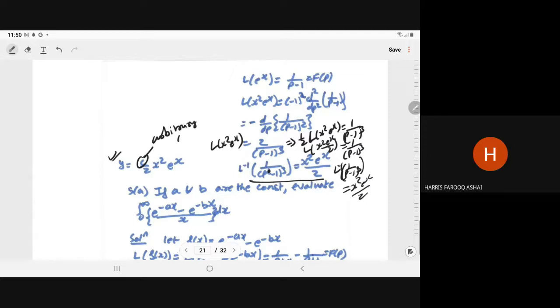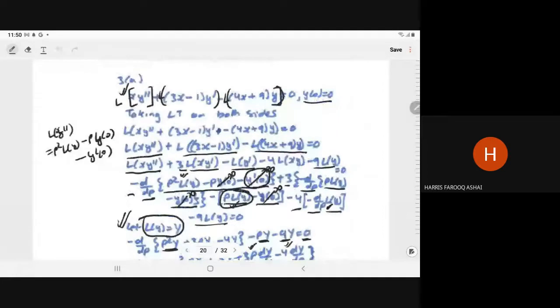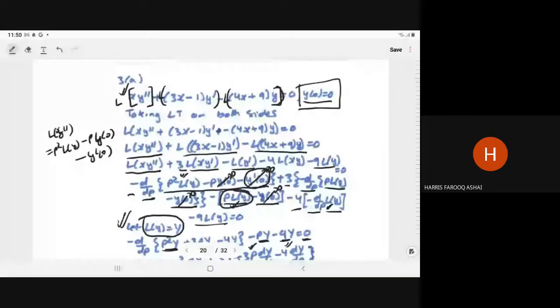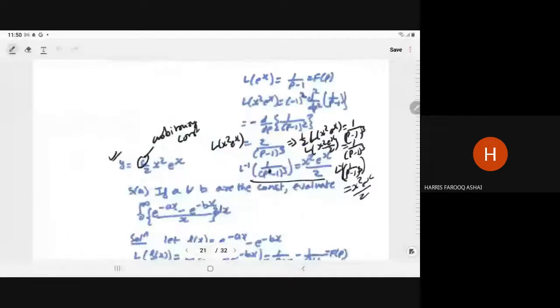So naturally, in a second order differential equation, in general we have two arbitrary constants, but since one condition is given to you, using that one condition you get the value of one arbitrary constant. So one arbitrary constant will remain.